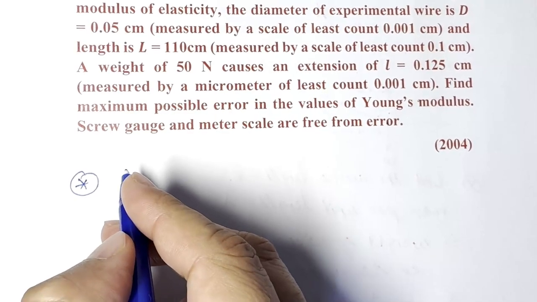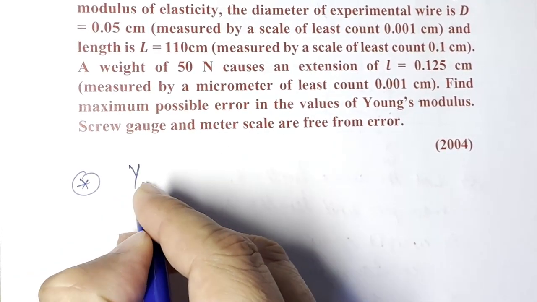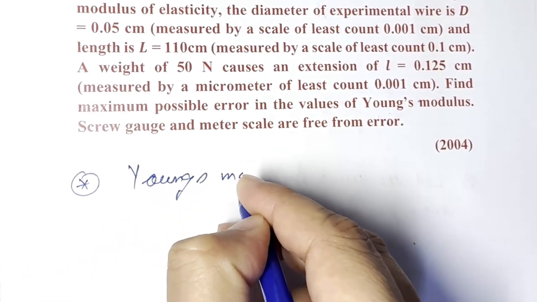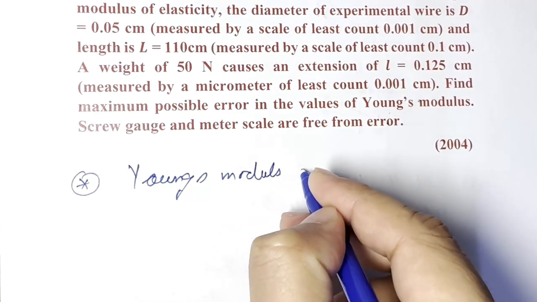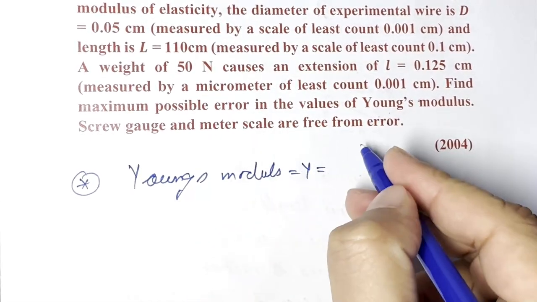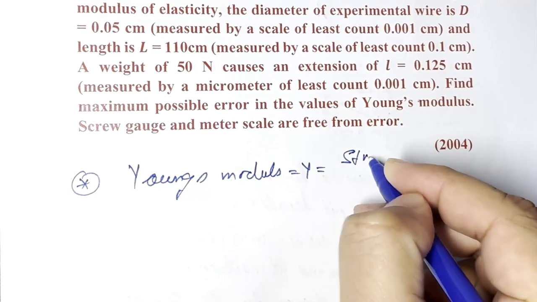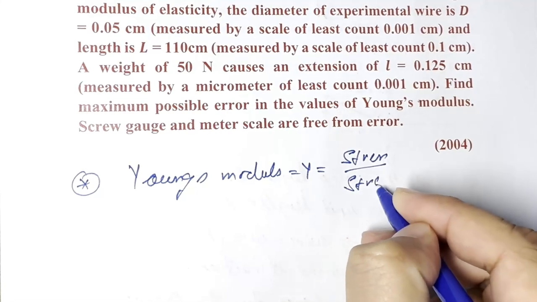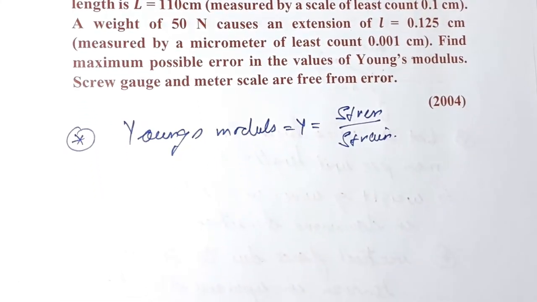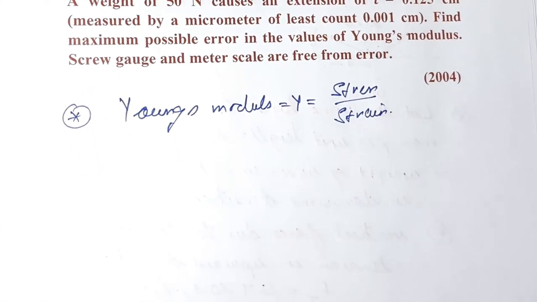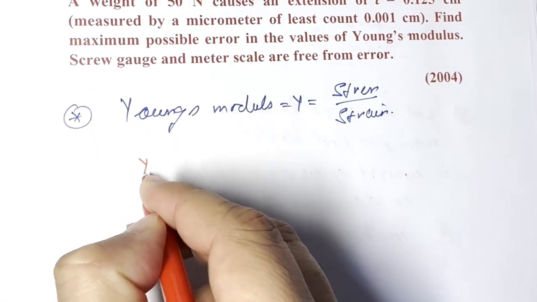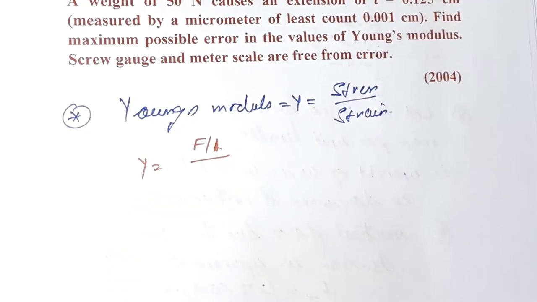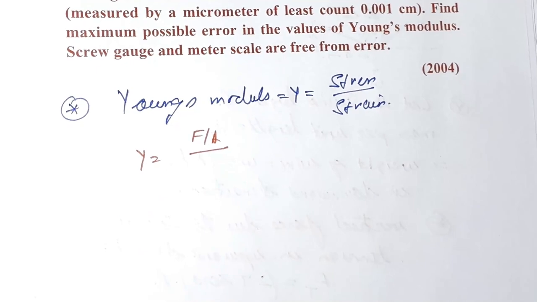So we say Young's modulus Y is given as stress over strain. Stress is force over area, so we substitute it here. Y is equal to force over area, and strain is change in length divided by original length.